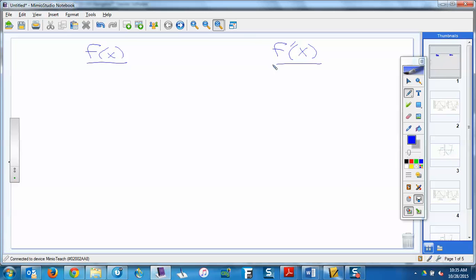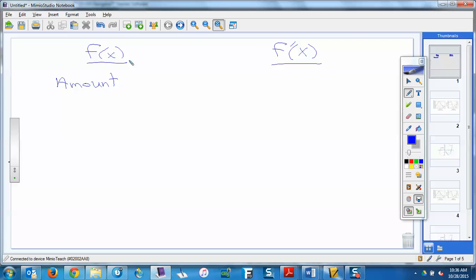Okay? All right. So we are going to be talking about a function f. I'm going to use the term right now, I'm going to call that the amount. So what do I mean by that? Well, I could have a function that represented distance, right?